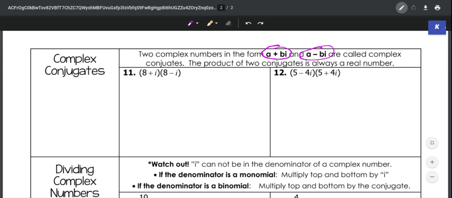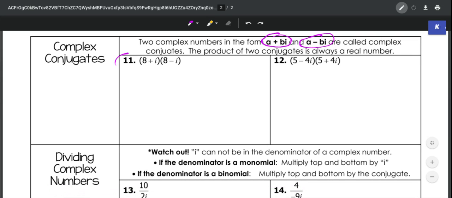And the product of those is always a real number. So I'll show you what that looks like. If we were to look at 11, we're going to have to FOIL this. So we're going to do the first, which is 8 times 8, so that would be 64, then the outer, which would be 8 times negative I, which would be minus 8I, then the inner, which would be 8 times I, so that's plus 8I, and then the last, which would be minus I squared.